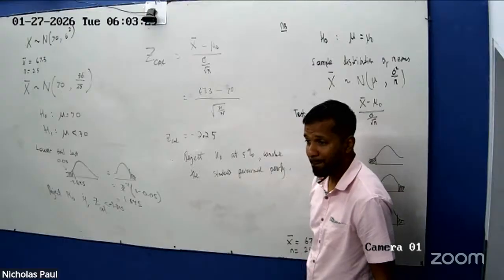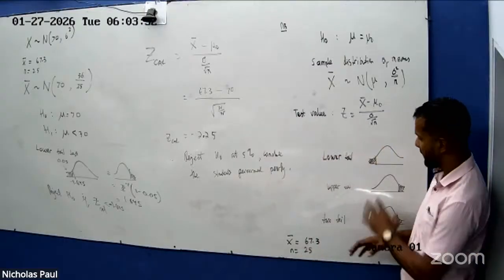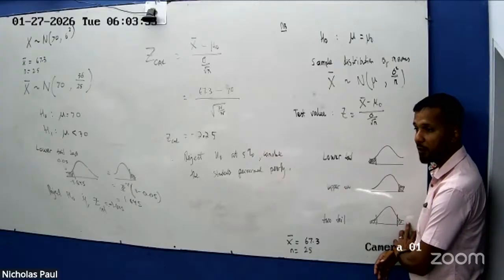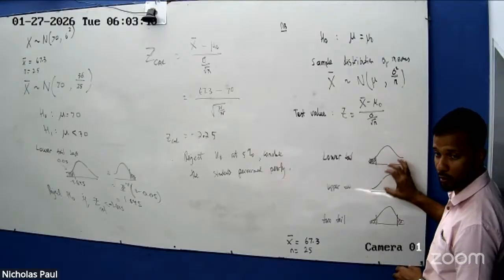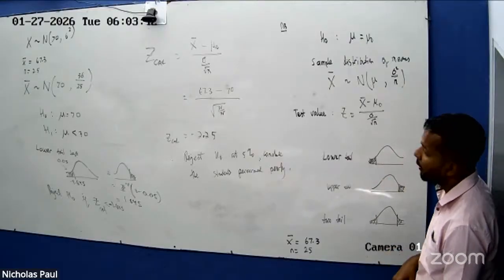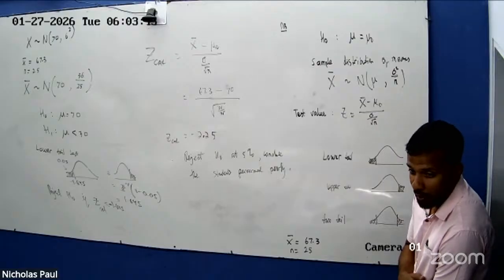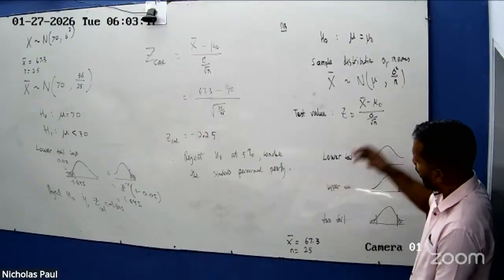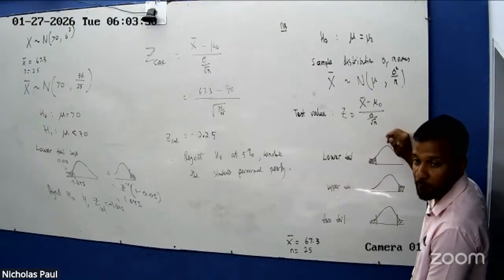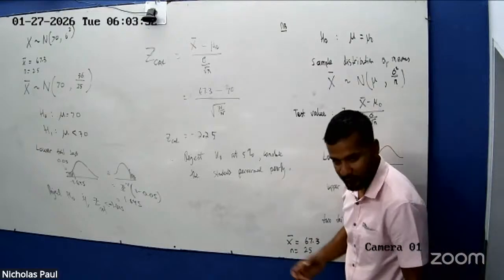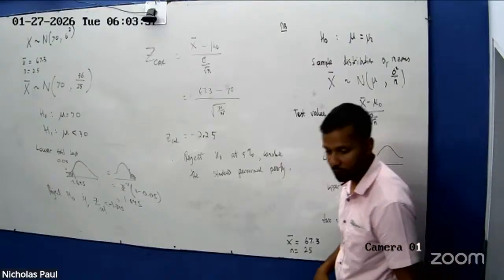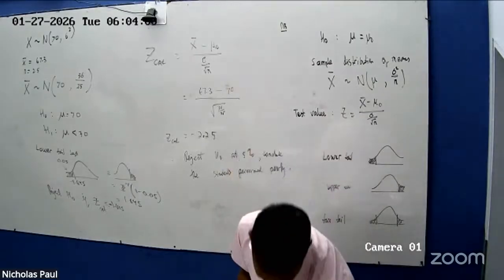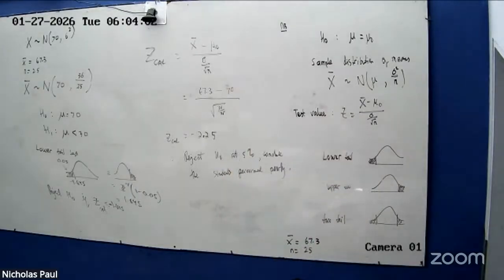What is difficult in this is which test it is. You're always using this to test the value. What might confuse you is just the wording.